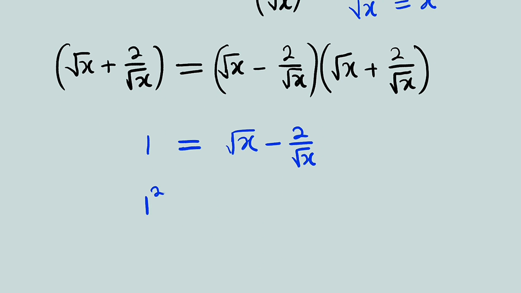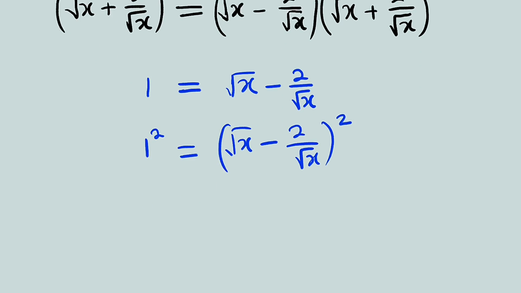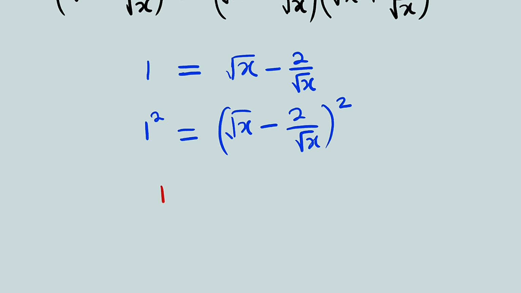So we take 1 squared, we also square the right hand side. And if we do that, the left hand side, we have 1 squared is 1. To the right hand side, remember, if you have a minus b all squared, this can be expanded as a squared plus b squared minus 2ab. So let's apply it here. We take the first term and square that.